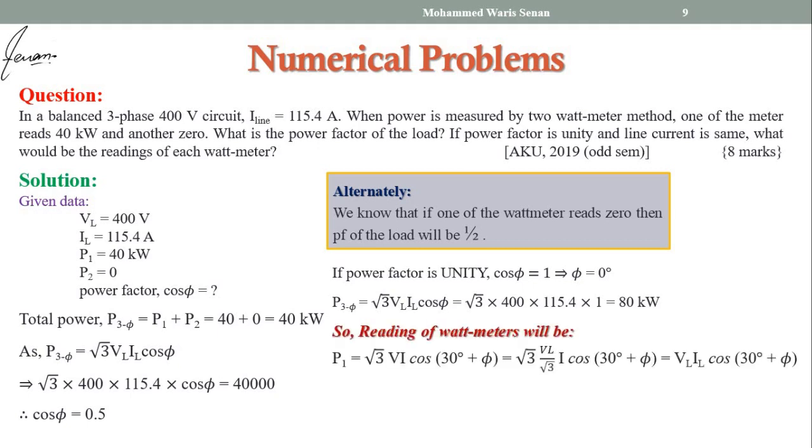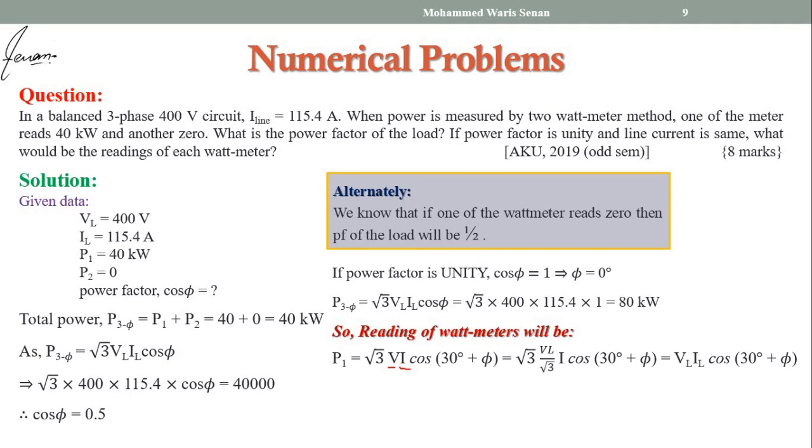For wattmeter 1, we have already studied that the reading of wattmeter 1 will be equal to root 3 V I cos(30 degree plus phi). Here V is the phase voltage and I is the phase current as well as the line current, as we have taken a star load in that case.